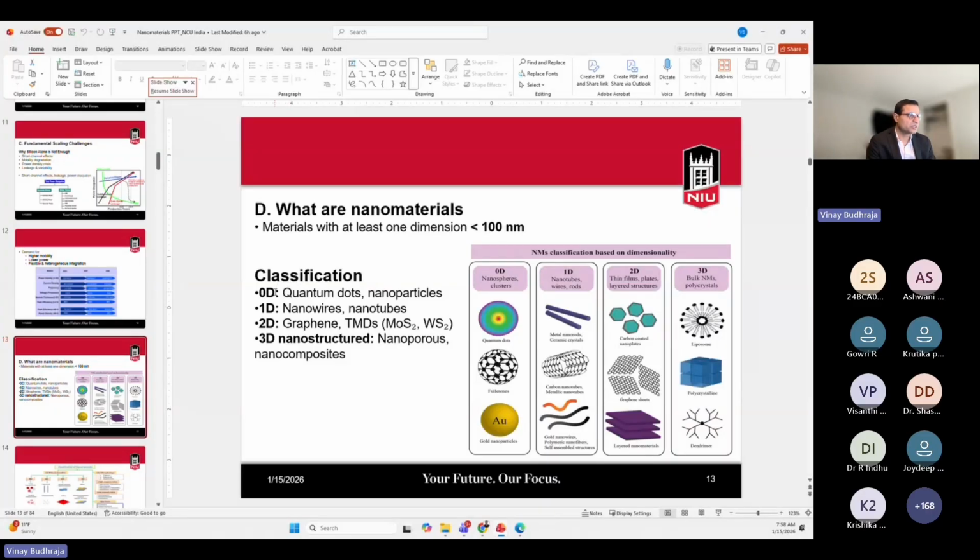Some materials show their property in 0 dimension, 1 dimension, 2 dimension, and 3 dimension. 0 dimension materials cover mainly quantum dots and nanoparticles. 1 dimension are nanowires and nanotubes. 2 dimension are graphene and transition metal dichalcogenide materials, and 3D are nanostructured, like nanoporous and nanocomposite. 3D are still in the research phase, and at a very small level they are being introduced in commercial use.